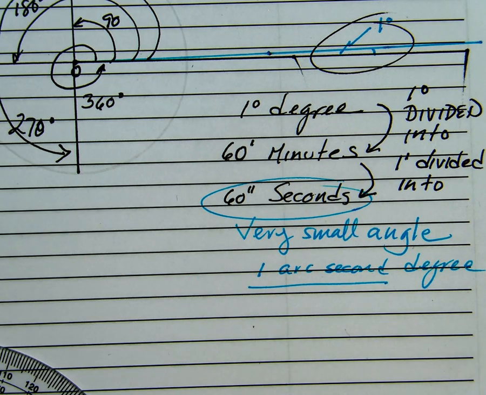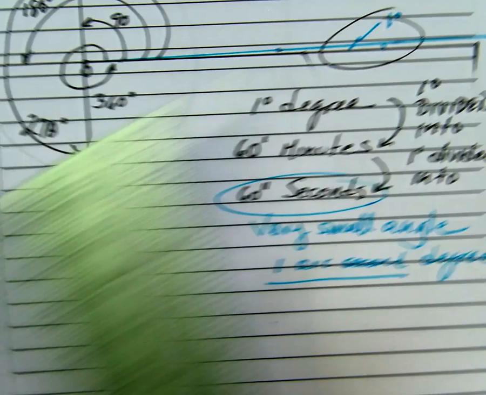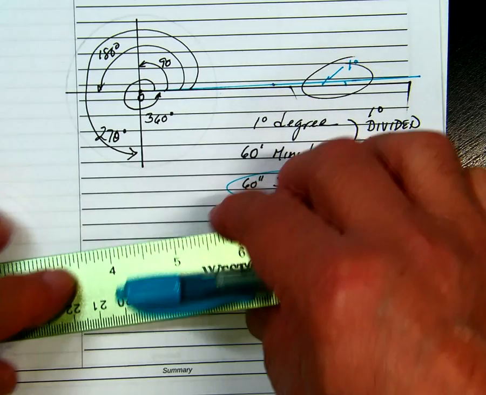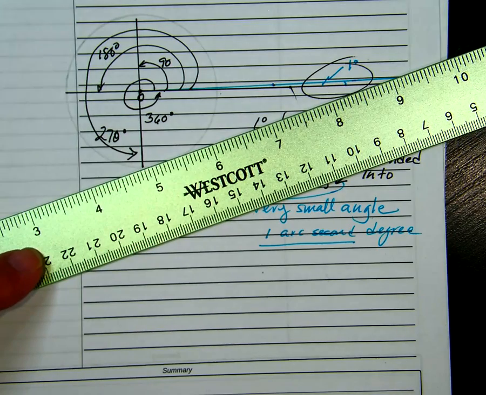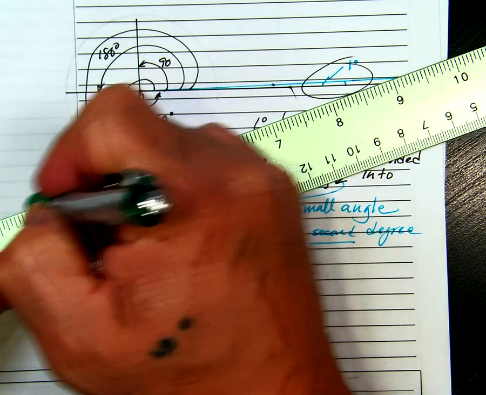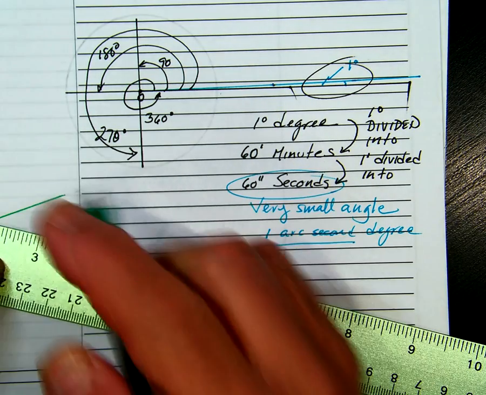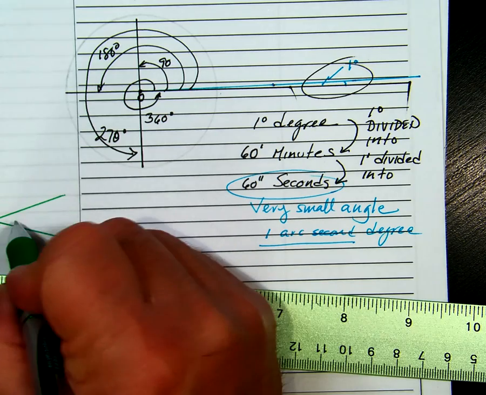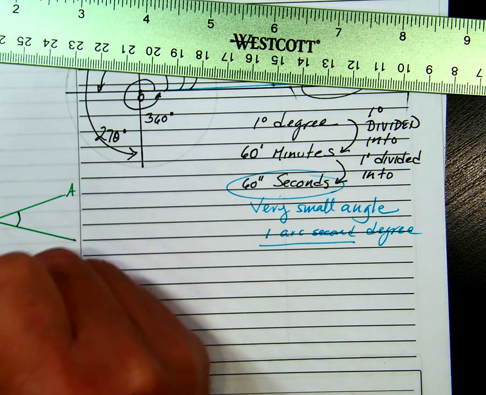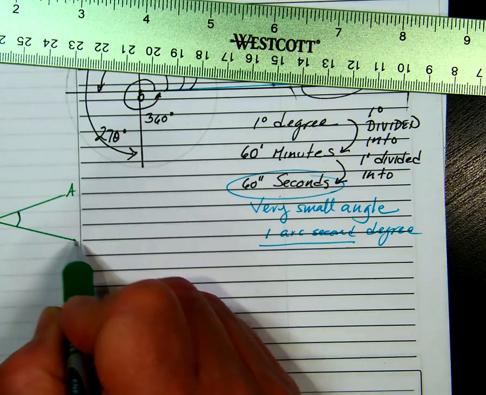If you were very accurate in your measurements, you end up creating something like, for example, right here, I'm going to draw in green an angle like this, angle B here, ABC.